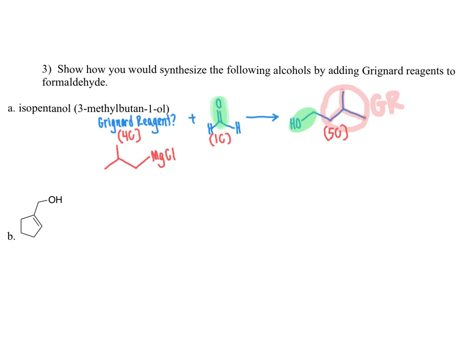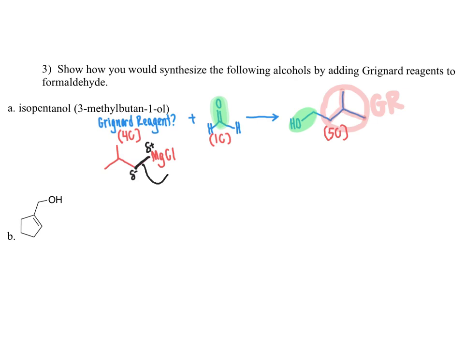We keep in mind that this bond that I'm showing in black is very, very polarized, with the carbon being negatively polarized and magnesium being positively polarized, to such a great extent that we could really think of the electrons from that black bond being the possession of the carbon atom.